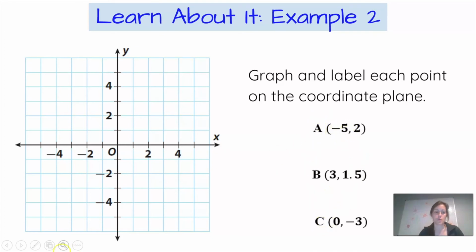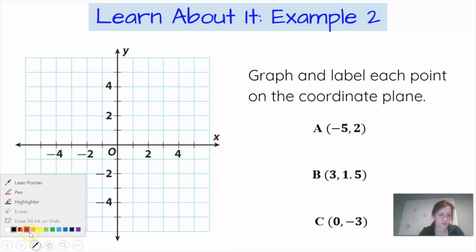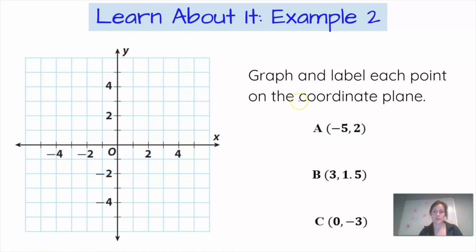I have 3 points, point A, point B, and point C. The first ordered pair, I'm going to do that in red, is -5, 2. So these directions are telling me that I'm going to move to the left 5 and up 2.